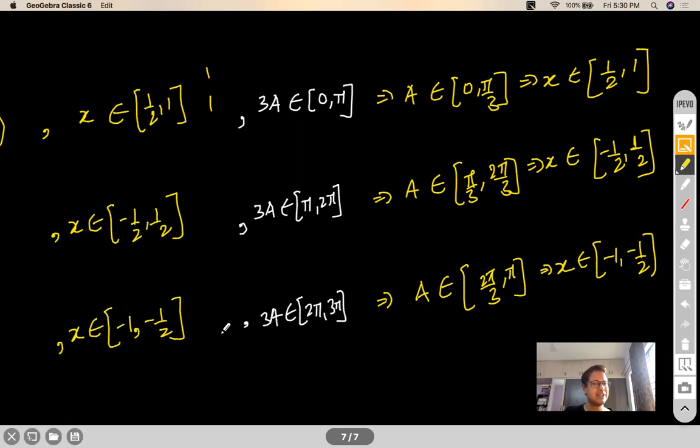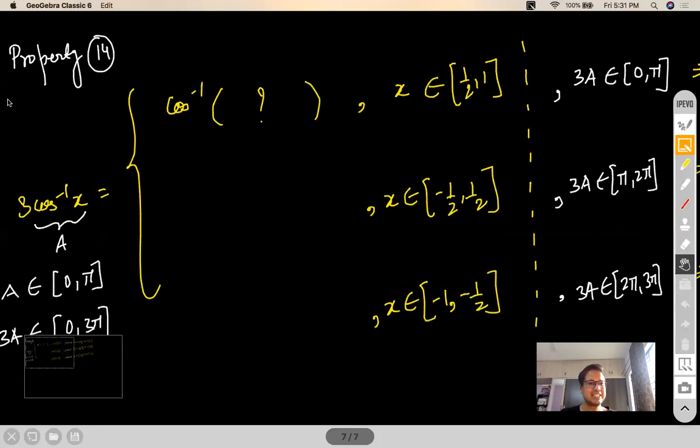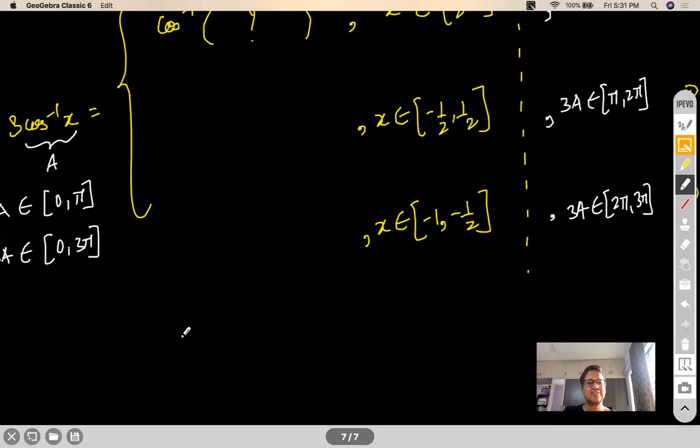I hope nobody has made a mistake with the intervals. Clear? Any questions? Okay. Now what will come in this question mark? Simple. You're looking for cos 3A formula in terms of cos A. What is cos 3A formula in terms of cos A? 4 cos cube A minus 3 cos A. Correct?